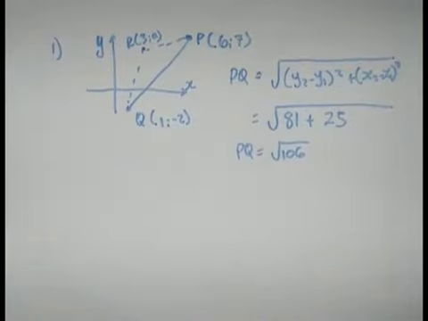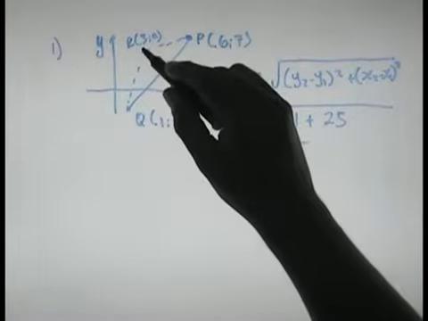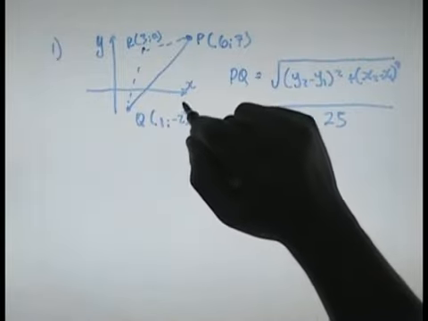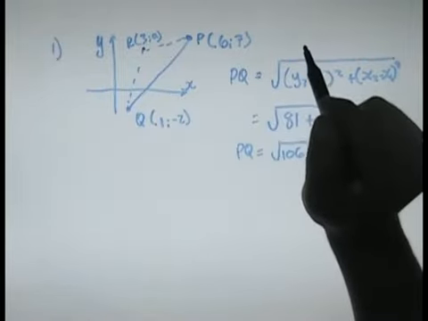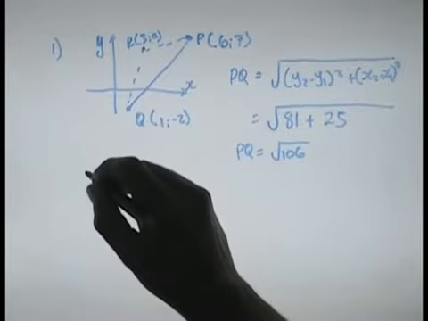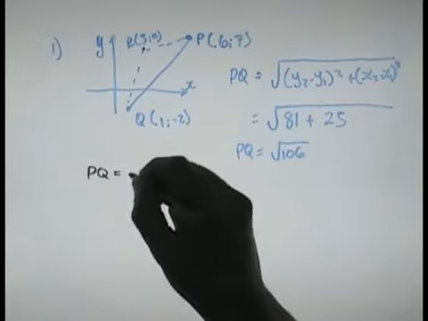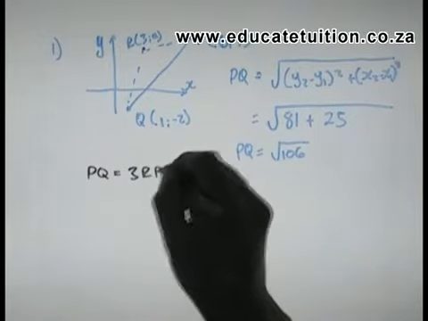Now in the second part of that first question, I asked you to calculate the coordinates of A. In order to do that, we are going to have to look at the other bit of information I gave you, which said that PQ is equal to 3RP.